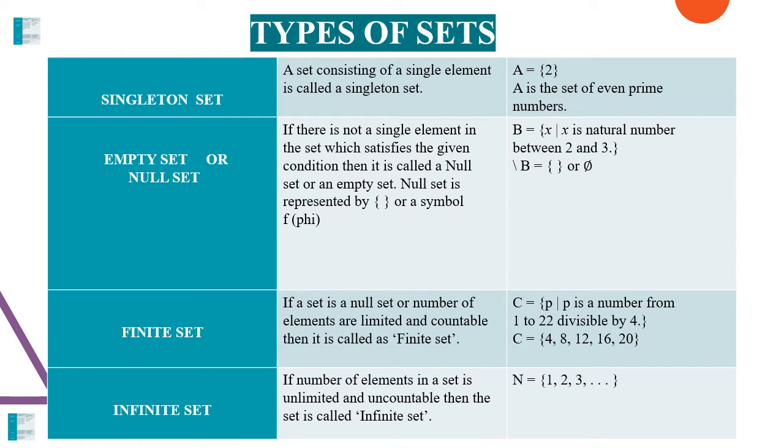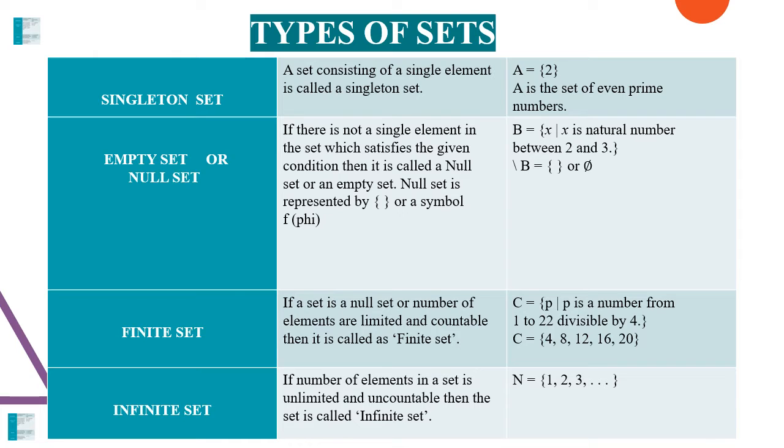Okay. Third one, finite set. The word finite itself suggests it is fixed. Correct? So, it has some limited count or number. So, if a set is a null set or number of elements are limited and countable, then it is called a finite set.